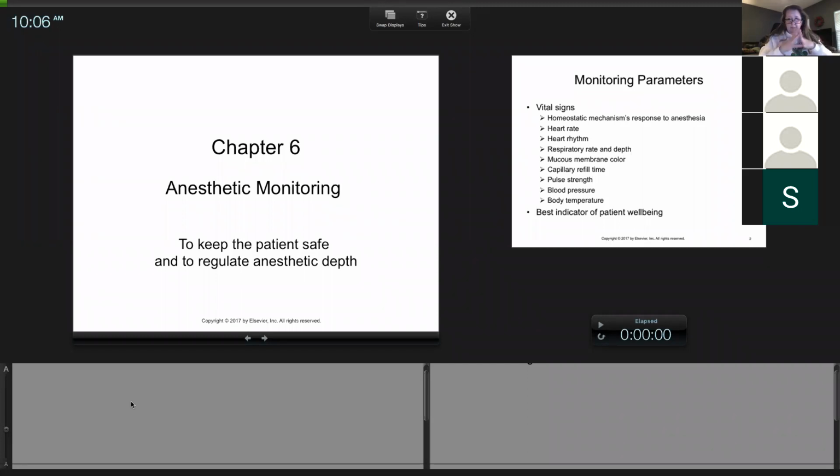One thing to think about broadly and start to put in your brain is how does a patient act when they're completely awake, 100% awake, and when they're 100% dead. I know that sounds strange, but what we're looking at is what vital signs are doing as we transition a patient from completely awake to, we don't want to get to this point.